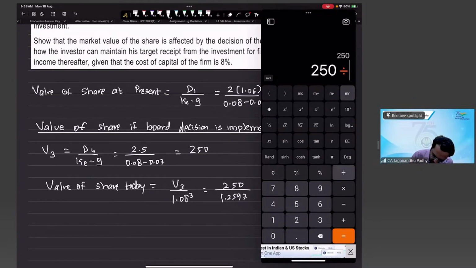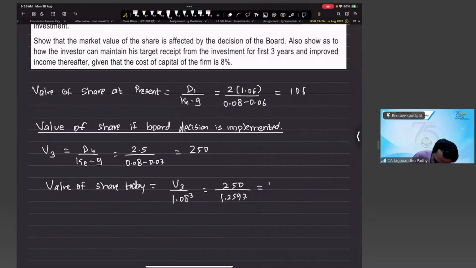So this is 250 divided by 1.2597, which is 198.46. So the value of the share today is 198.46. Okay.